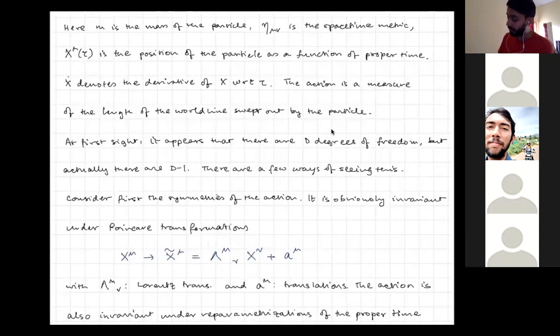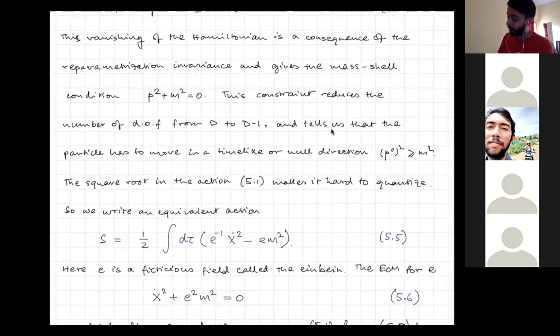On the other hand, the action that we have found has m squared which sits here. So you can happily take the m goes to 0 limit. It also does not have the square root, which we wanted to get rid of at first.